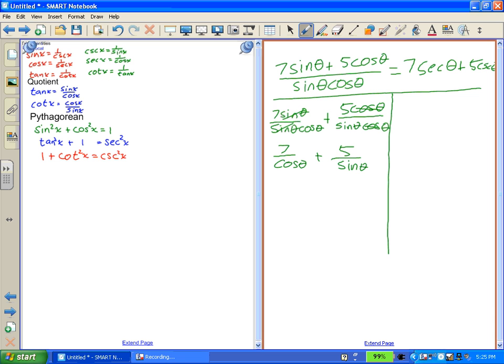Looking at my identities, I see that I have 7 times 1 over cosine theta plus 5 times 1 over sine theta. But my reciprocal identities tell me that this is just 7 secant theta plus 5 cosecant theta. And I'm done because that's what I have on my other side.